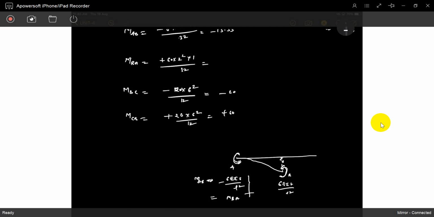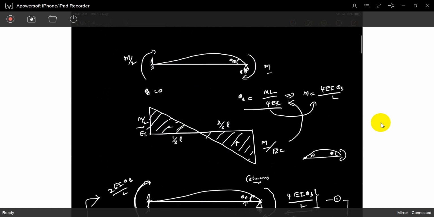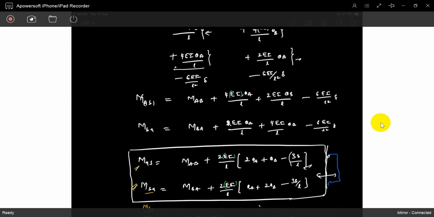Due to the support settlement, the extra moments develop. We already included this in the slope deflection method by 2EI by L multiplied with minus 3 delta by L. Here it is 6EI delta by L squared. If support settlements are there, we can include it.